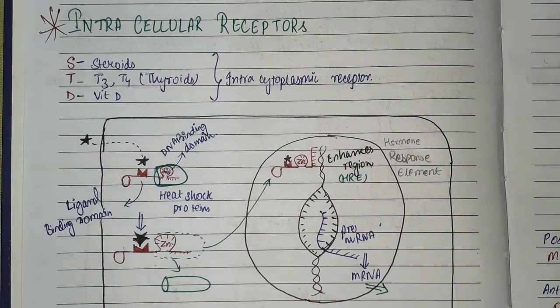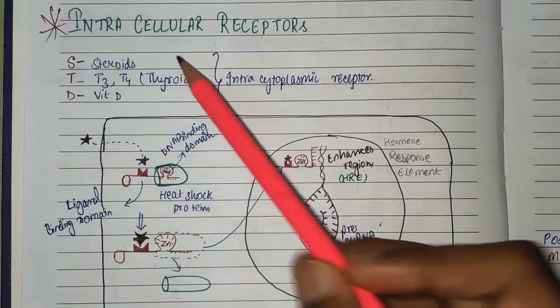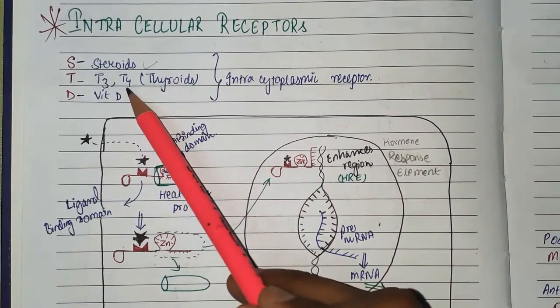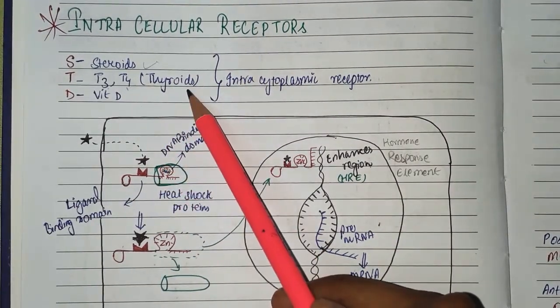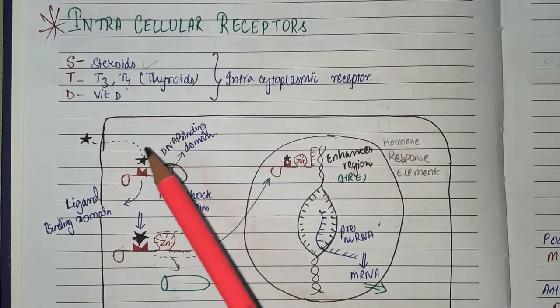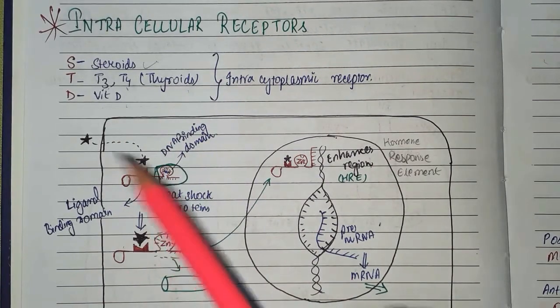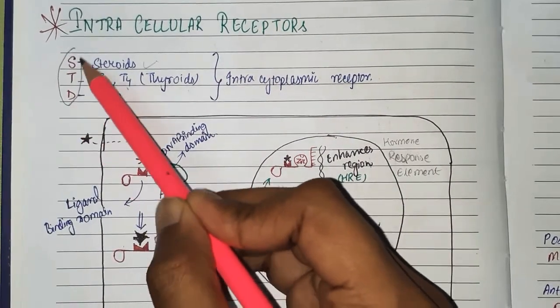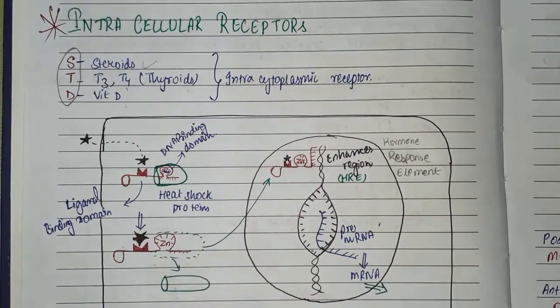Those substances that can readily pass through the membrane, like steroids, T3 and T4 of the thyroid hormones, and vitamin D, which is also a type of steroid hormone. So remember, STD. All these categories of hormones can enter the cell, and their receptors are present inside the cell. These are the intracellular receptors. Now let's see how they work.